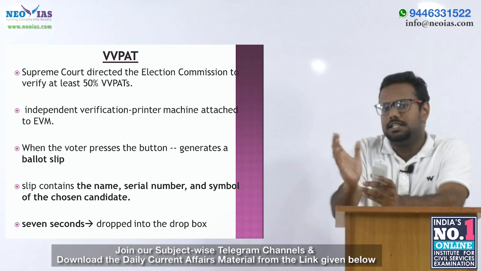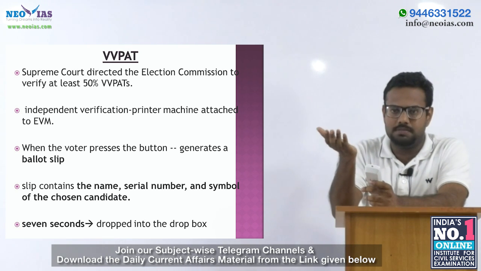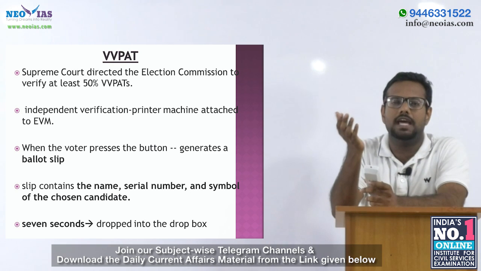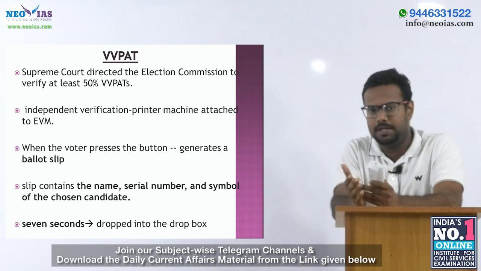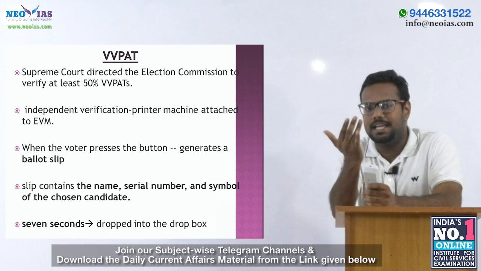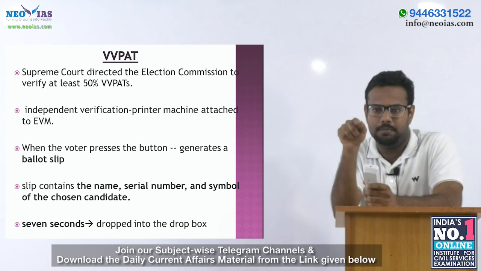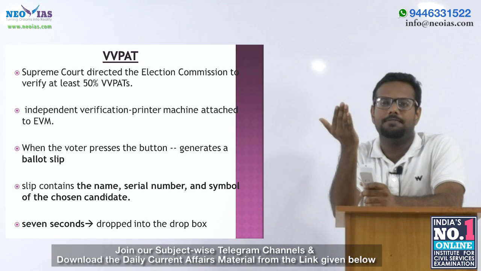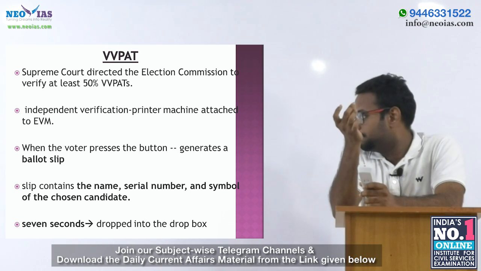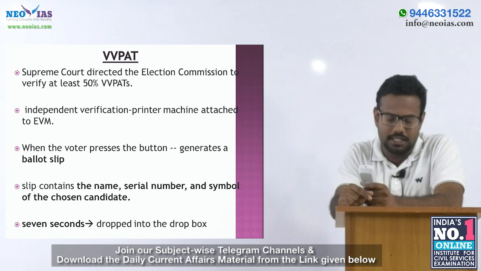And the display unit will allow the voter to verify his or her choice for 7 seconds. The ballot slip will be seen through a glass case, in which you can verify the name, serial number and the symbol of the chosen candidate.